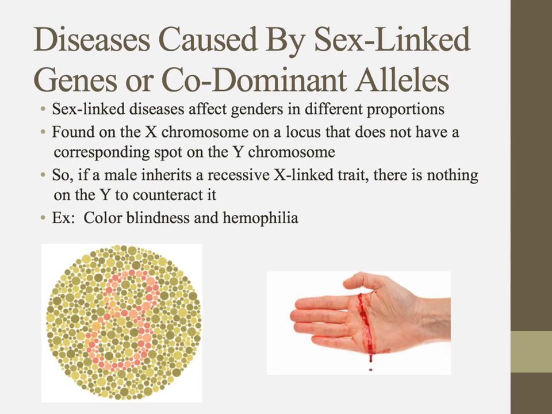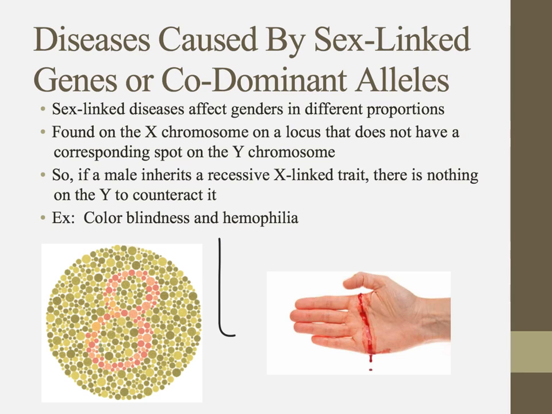Sex-linked genes were first discovered because when doing genetic crosses, it was noticed that it affects genders in much, much different proportions. Some of the genetic diseases that we're going to discuss are found on the X chromosome. And if something is found on the X chromosome and it doesn't have a corresponding spot on the Y chromosome, that means a male is only going to inherit one copy of that trait.